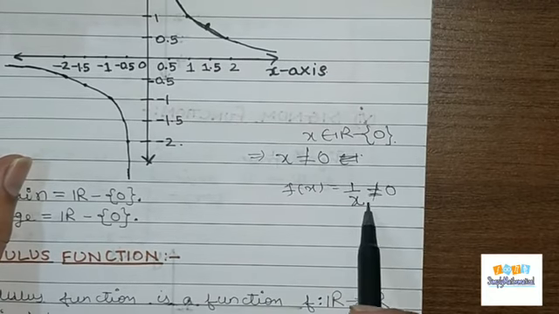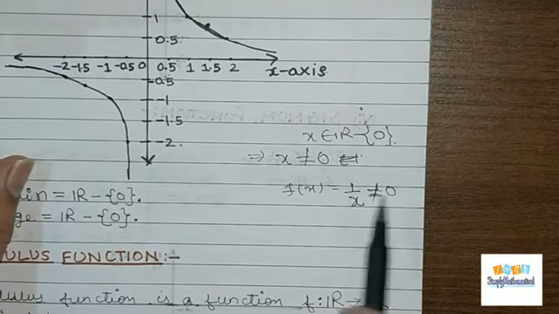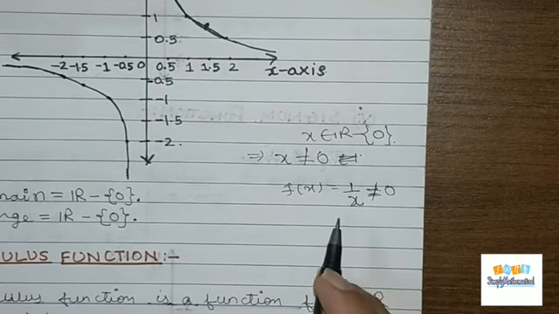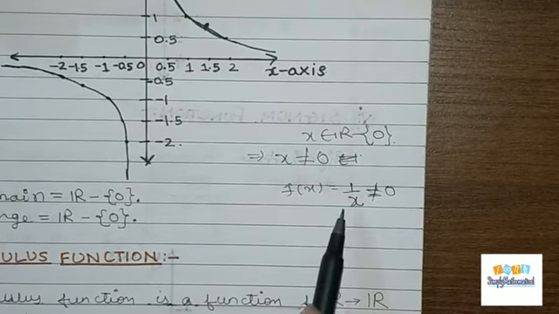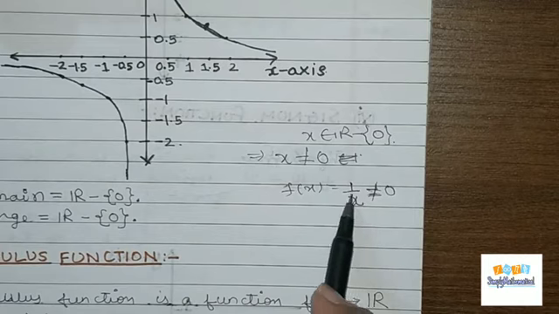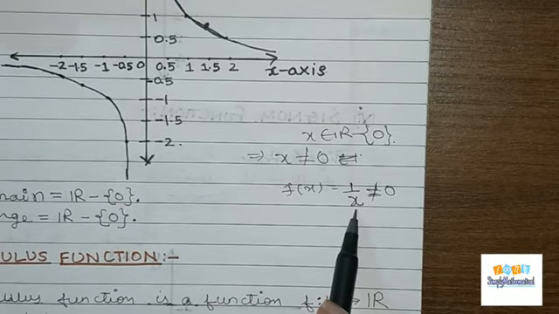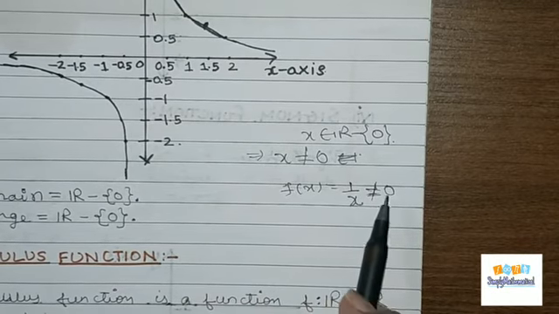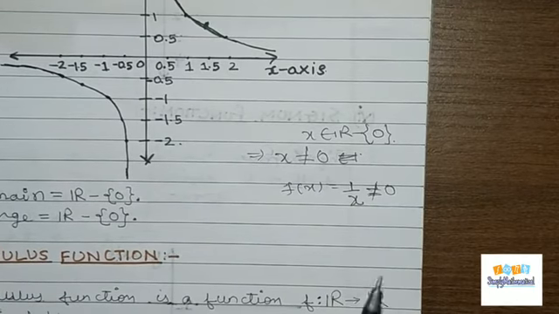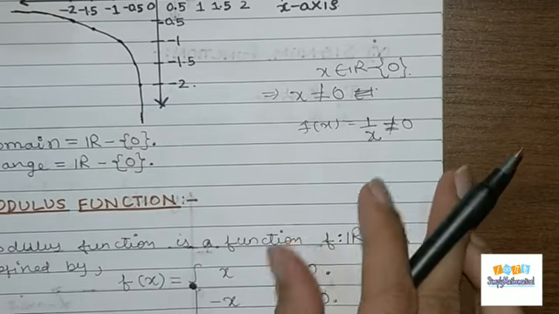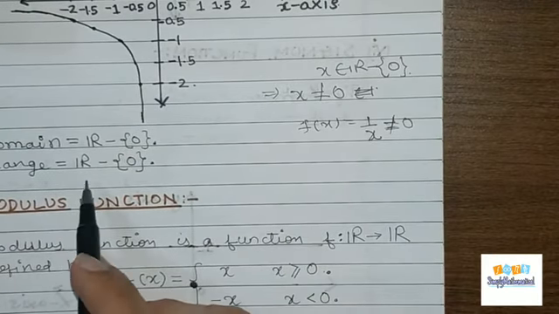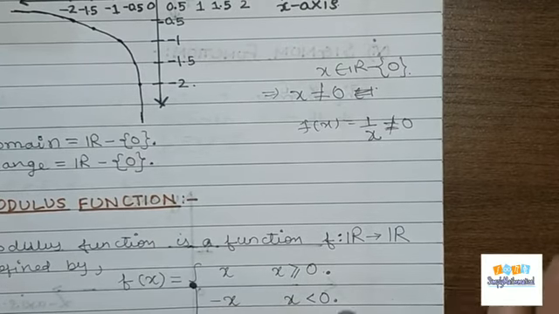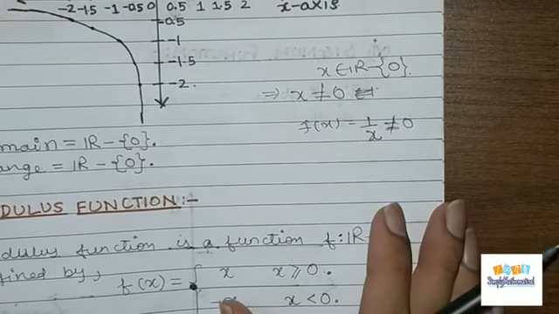Definitely you are not taking x equal to 0, even if you take 0 you will get infinity, but that is not the case. But see this 1/x, if you take any x here, then this quantity 1/x will never be equal to 0. Therefore the range of the function will be the real numbers minus the singleton set {0}.